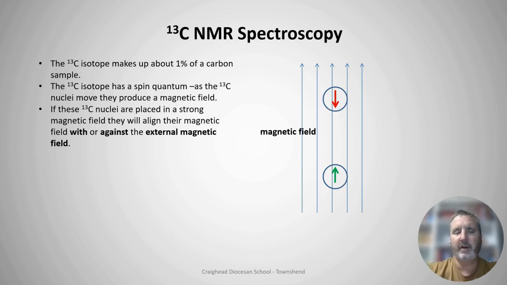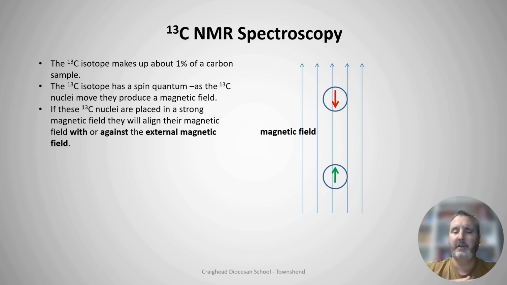If they align themselves with the magnetic field, as the green nucleus does here, it's said to have a lower energy state. And if it aligns itself against the magnetic field, it's said to have a higher energy state.